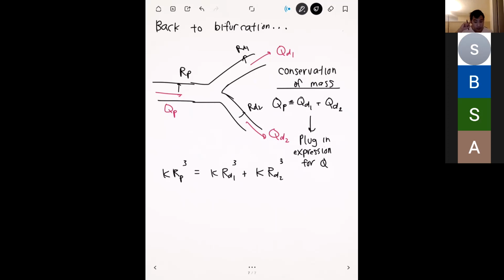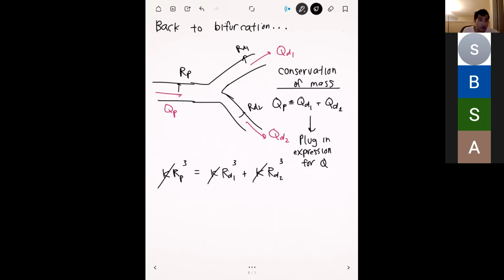So all I did there was plug in our expressions for flow that we just found on the previous page. And this is great because now we can take that K that we've been carrying around and get rid of it, because they all cancel out on both sides of this equation.